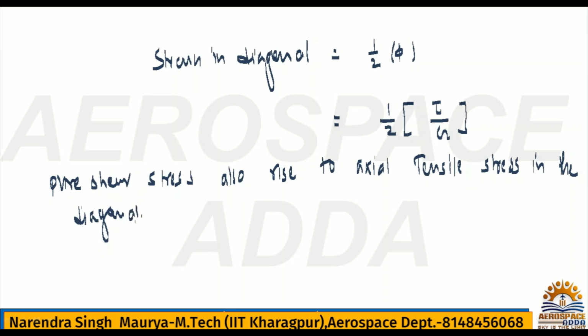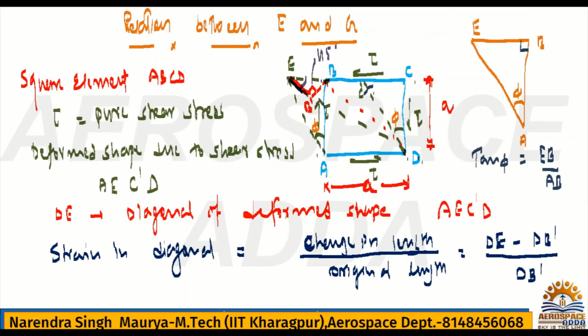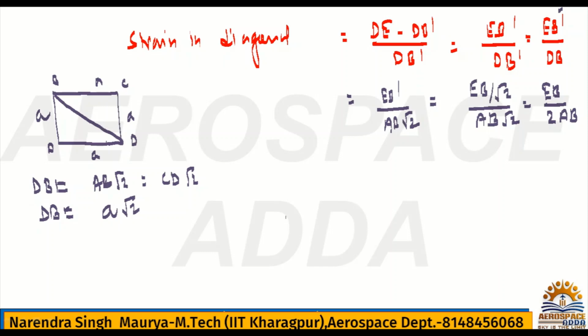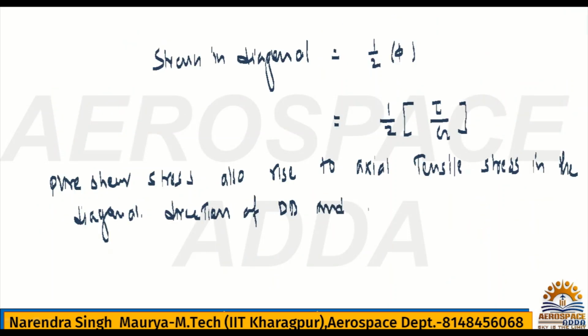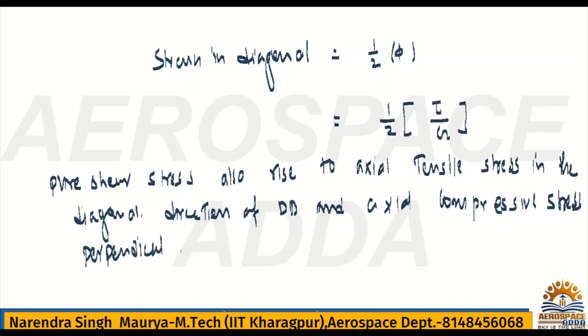Okay, in the diagonal. So for that tensile stress along the diagonal we have to write: stress in the direction of DB, because the diagonal we have here is DB, and axial compressive stress perpendicular to it.